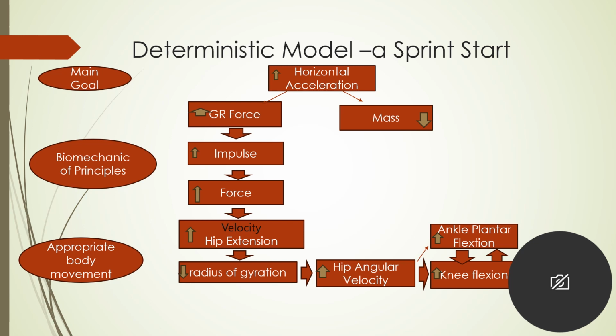The force is generated by the impulse that propels forward, optimizing the hip extension and the hip angular velocity, minimizing radius of gyration, and coordinating knee flexion and ankle plantar flexion to ensure efficient propulsion.